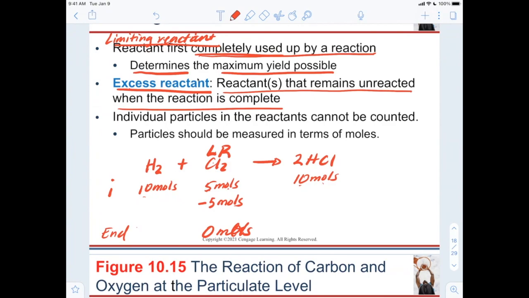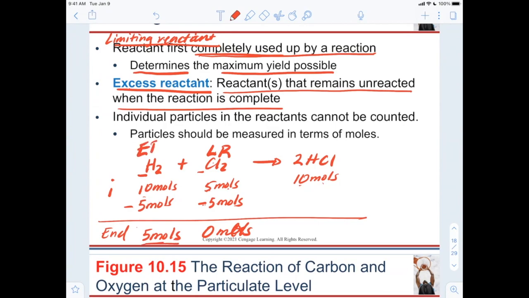What about this? Okay, when the 5 moles of Cl2 react, remember the H2 and Cl2 amounts that react have to be equal. The 5 moles of Cl2 react with 5 moles of H2. So we have 5 moles less and we're left with 5 moles when the reaction is over. So you can see here, when the reaction is over, we have 5 moles of excess.